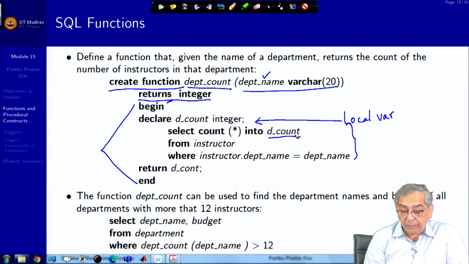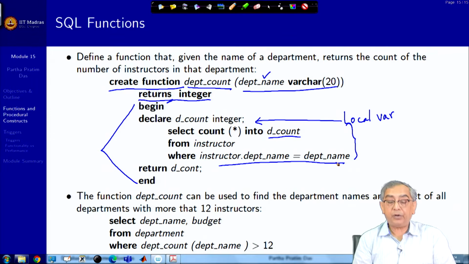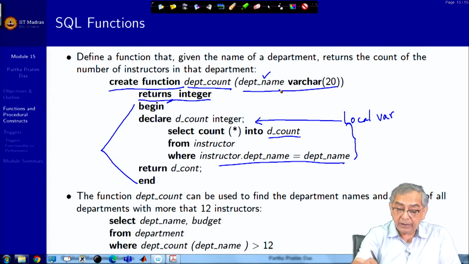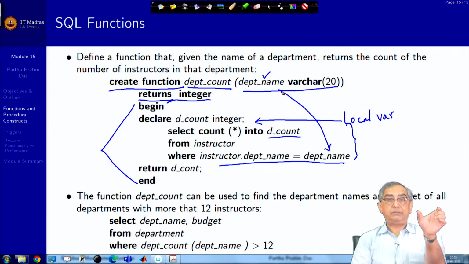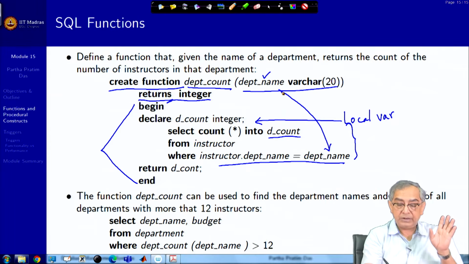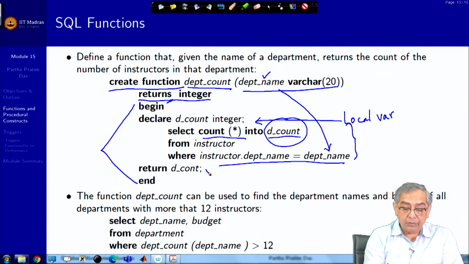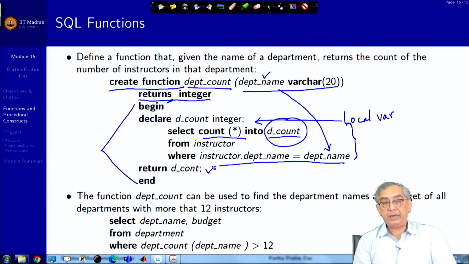It will count the number of records which satisfy instructor.dep name, the dep name field of the instructor table, equal to the dep name, which is the parameter given here. Right. So, you are passed some name, say physics, then it will check in the instructor table, in the dep name column, whichever tuple has physics, that will be counted. You are doing count star, so it gets one value and puts that as dcount, and then you return dcount.